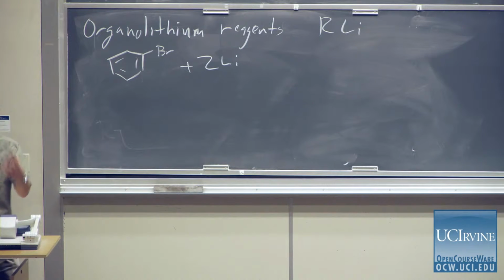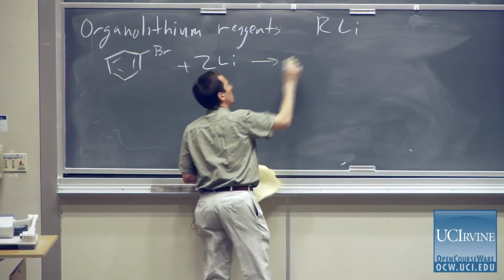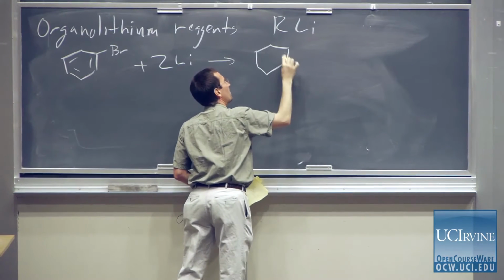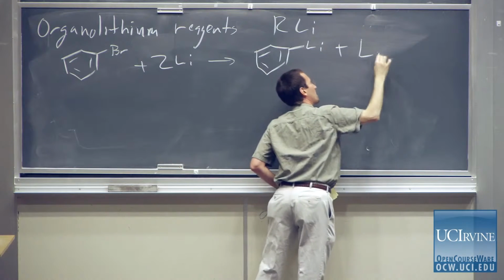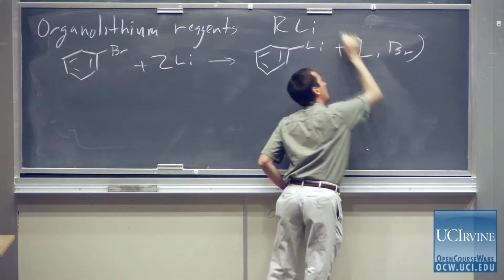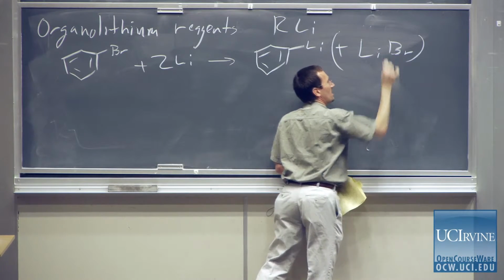We're carrying out a 2-electron process here, and lithium has 1 electron. So magnesium has 2 electrons. And so a balanced equation becomes that we get phenyllithium plus lithium bromide.